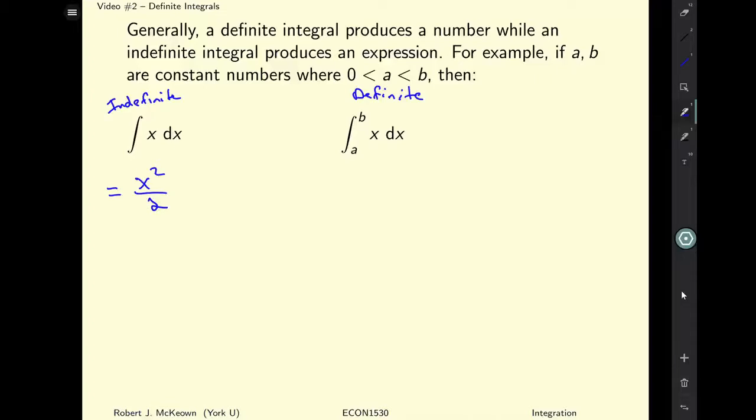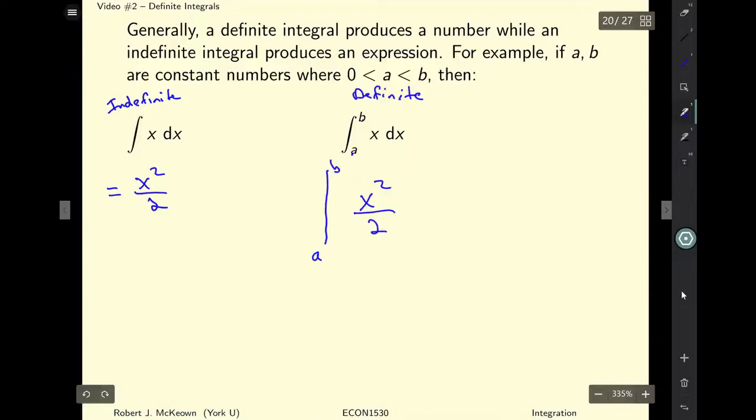Now with the definite integral, we've got an intermediate step, so I'm going to draw my interval. In this case, we're going from A to B, so it's a little bit different than the previous slide, but otherwise it's the same. Then I'm going to integrate x, so I also get x squared over 2, integrating with respect to x.